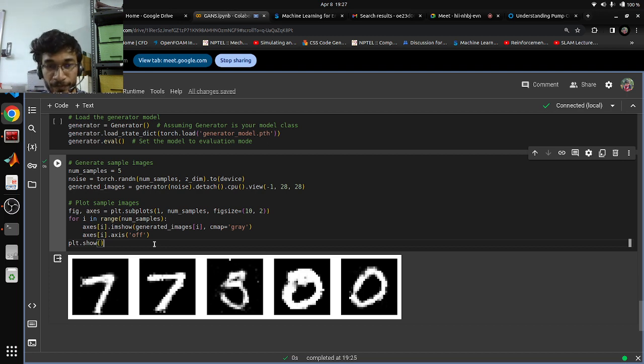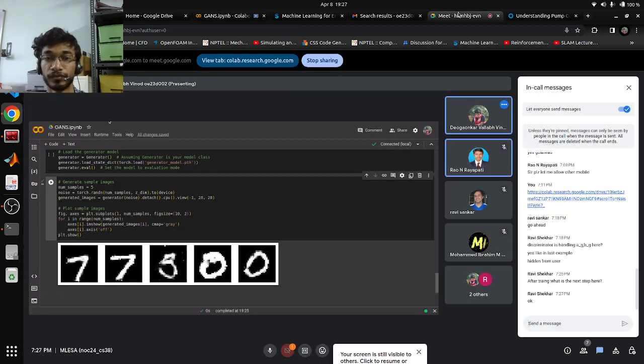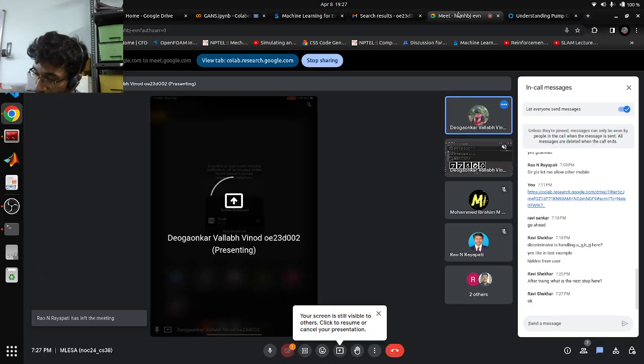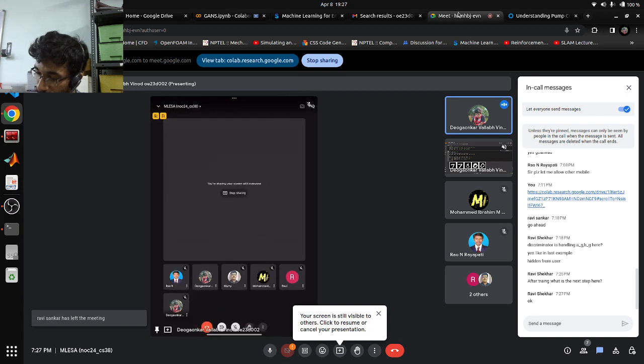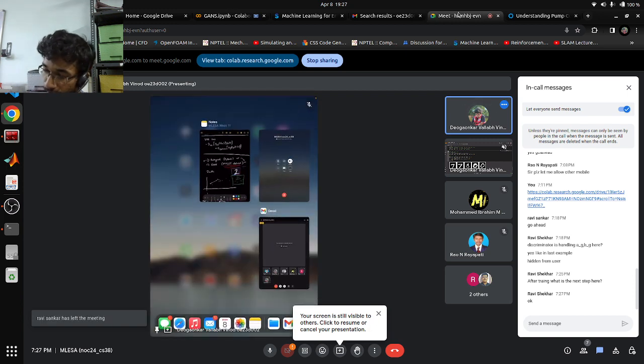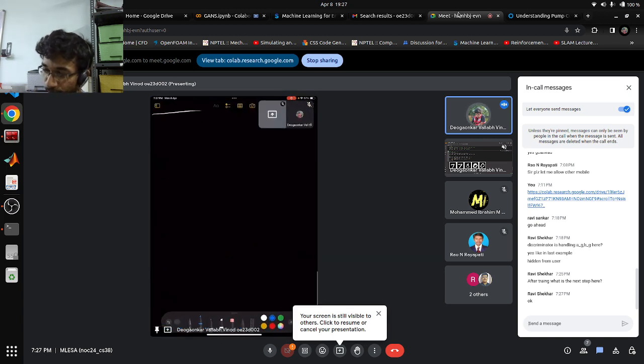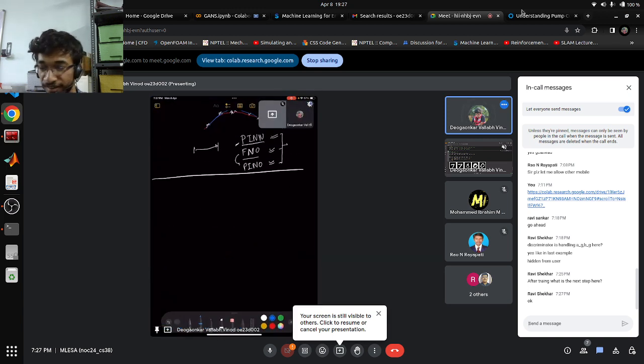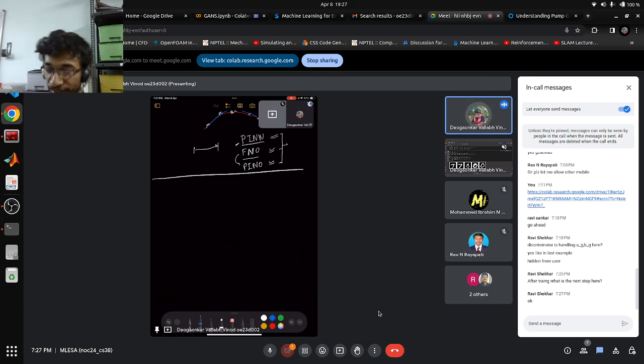Okay, and another interesting application, maybe I will switch to the tablet. One interesting thing that can be done with GANs is on these lines.